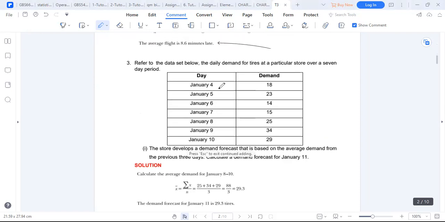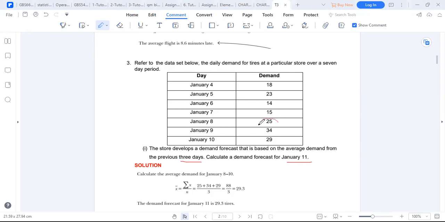Okay. Then we have a data set that has daily demand for a 7-day period from day 4 to day 10. And we're being asked to calculate the forecast for January 11. So we're also told that it uses the previous 3 to estimate the next forecast.